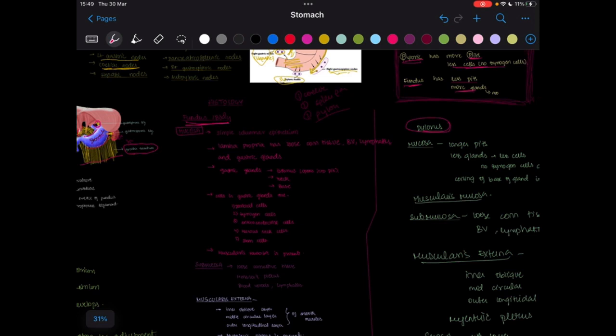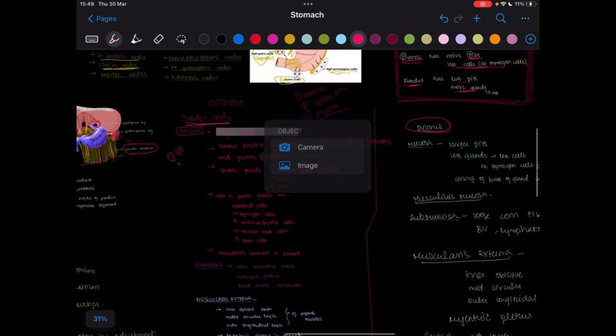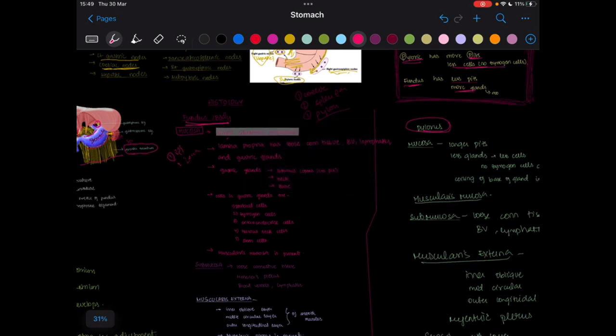So first, coming to the fundus, under mucosa it has simple columnar epithelium. Under mucosa we are going to talk about the epithelium, the lamina propria, and any glands if present. The lamina propria has loose connective tissue, blood vessels, lymphatics, and the gastric glands.